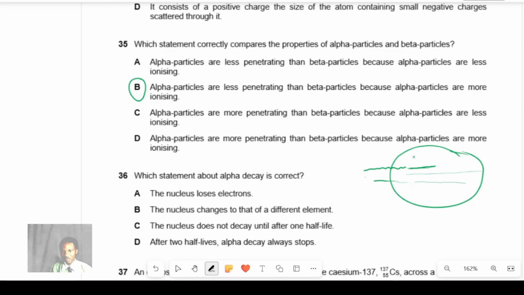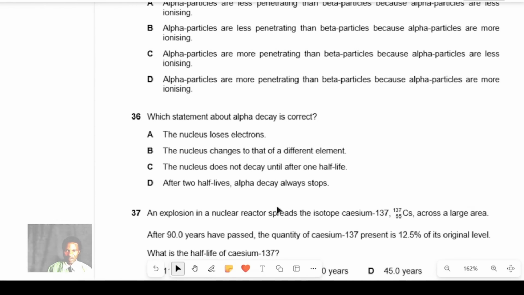So this is alpha, this is beta, and this one has no streak at all, this is gamma. In terms of thickness, this one has higher ionization but shorter distance. This one ionizes through a long distance, but the ionization is not as thick as that. Just do further study on that.